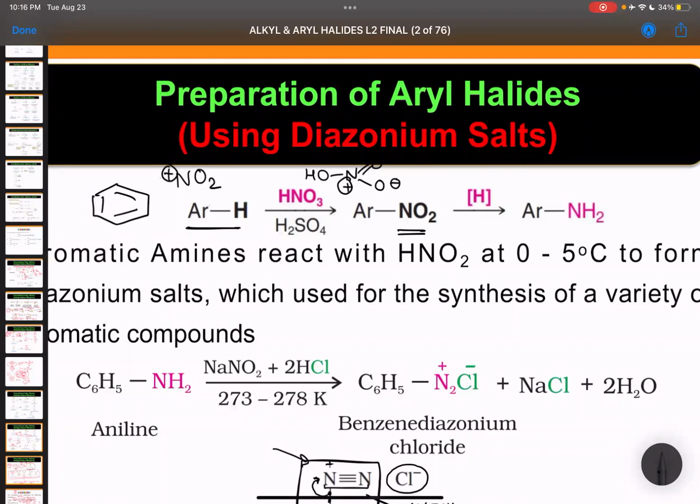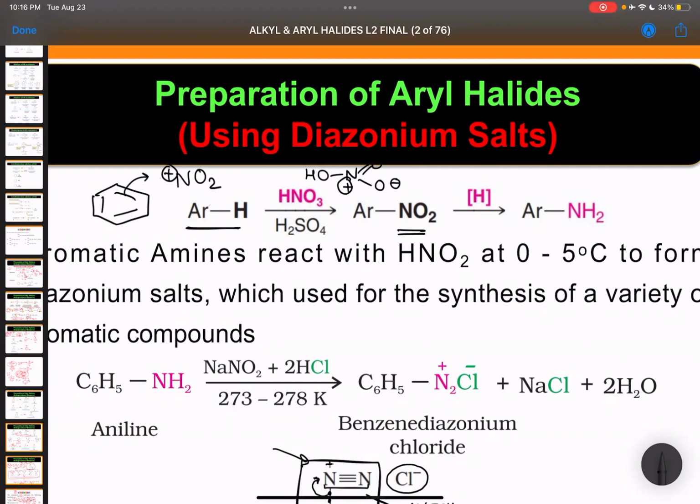So if NO2 minus approaches the benzene, it will be thrown away. If you want something to happen, you need NO2 plus, an electrophile, which can attack the benzene by taking away its electron density.